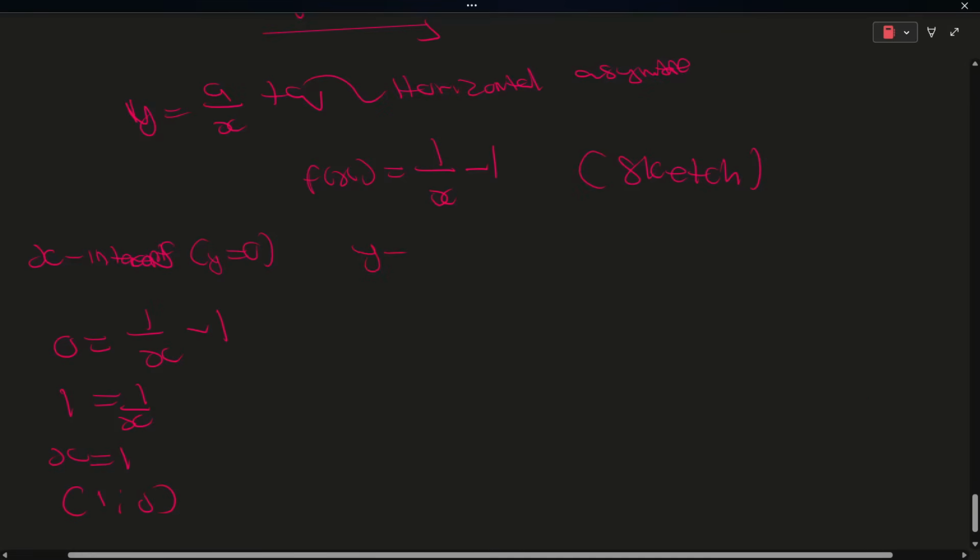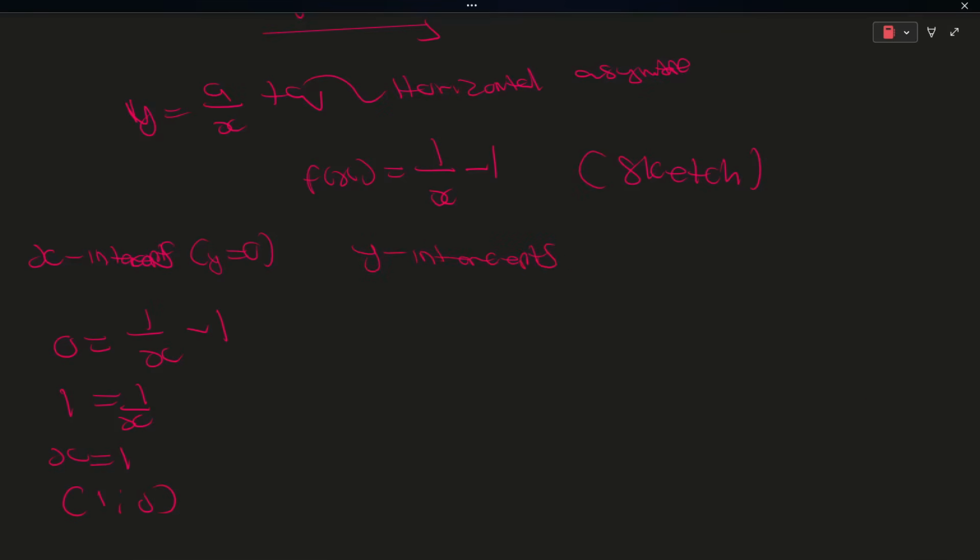Then for the y-intercept, I let x to be 0. I have y is equals to 1 over x minus 1. I substitute 0: 1 over 0 minus 1. And here I'll be having my intercept as minus 1.